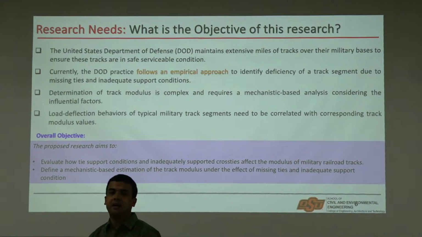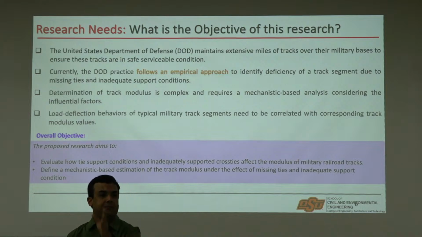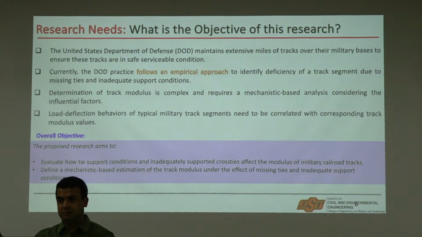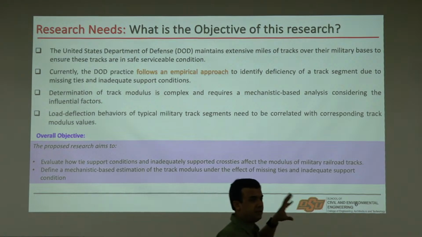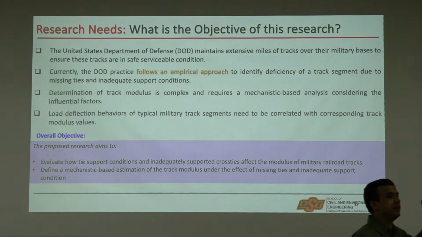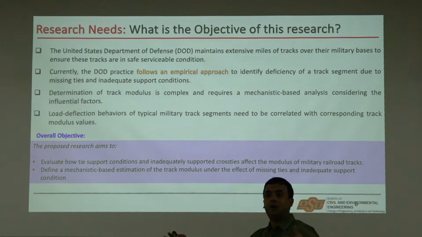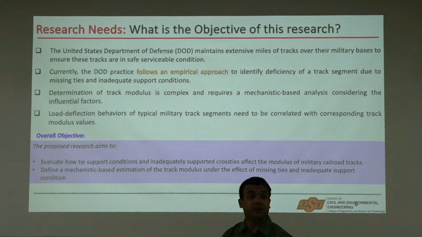They say that if you have 5 ties that are bad consecutively, then that track is bad. That's just empirical, based on previous experience. So they contacted us asking what the meaning of these 5 ties is. Is 5 ties actually bad, or can it be made 7, or should it be made 3?